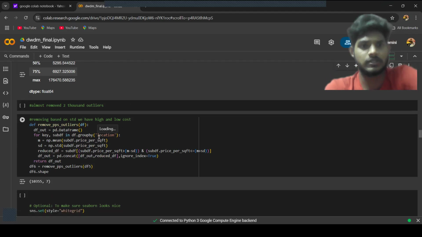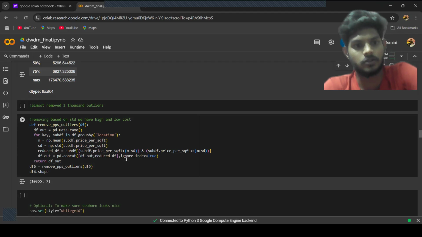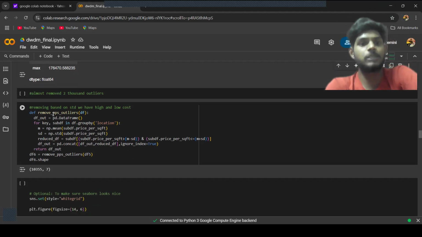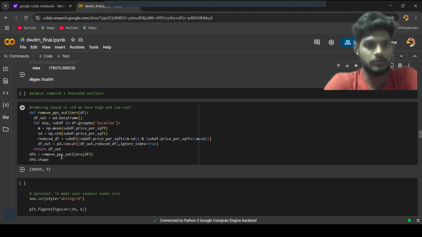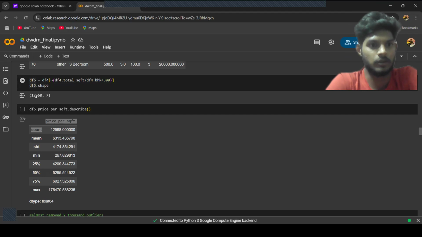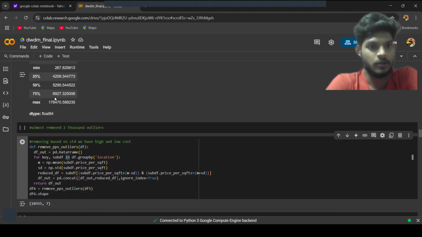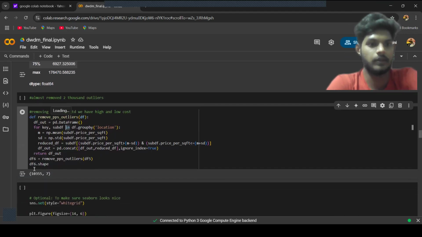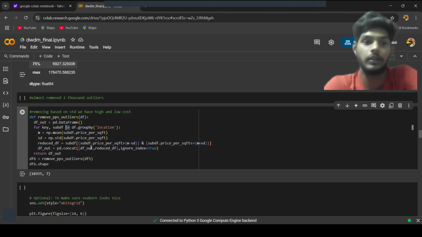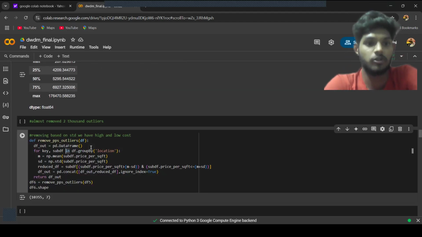Removing based on the standard deviation, we have the high and low cost. Here we are removing the price per square footage outliers. Before it was 12,568, and now we have come down to 10,355. That means we removed nearly 2,000 to 2,500 records.